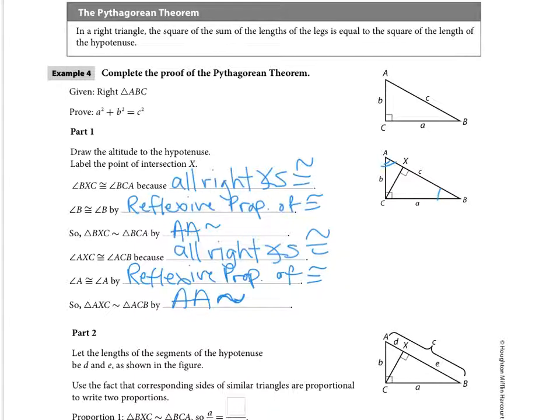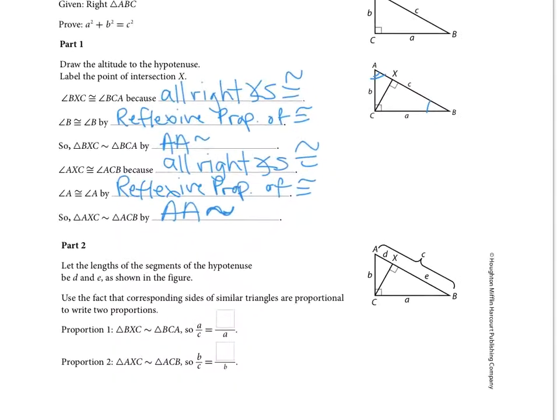Now we're going to use the fact that corresponding sides of similar triangles are proportional to write proportions, and if you want you can draw your small, medium, and large triangles again.